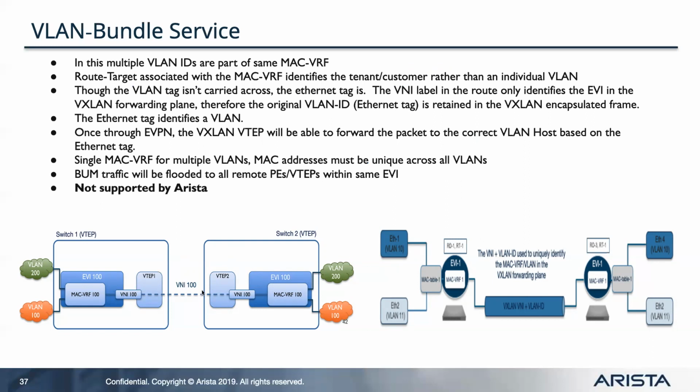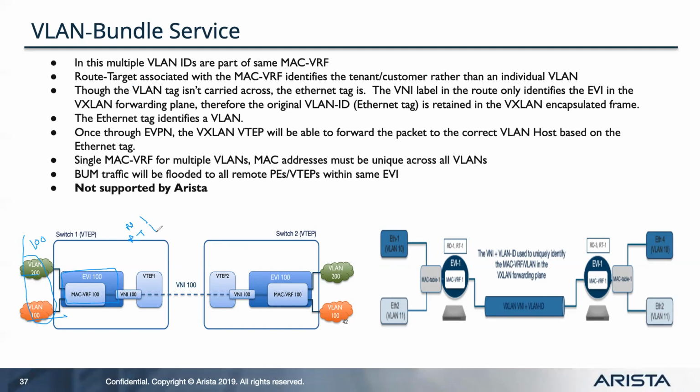Now what you have done here is multiple VLANs, VLAN 100, 200, or let's say there are 100 VLANs. For all VLANs, you have only one MAC VRF. What does that mean? For all these VLANs, you have a single RD and RT, only one, RD1, RT1.